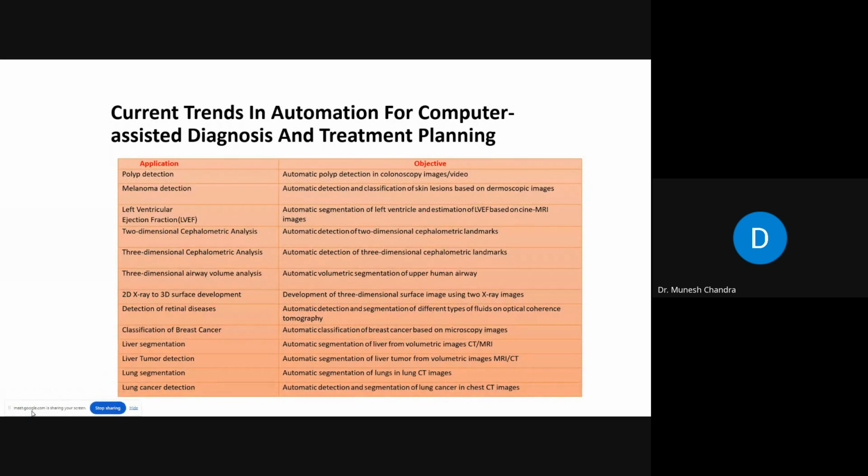That is the major concept. And automation is not only in identification and grading, but also if you are able to suggest the treatment, the treatment planning. That is the major current trend in medical research.